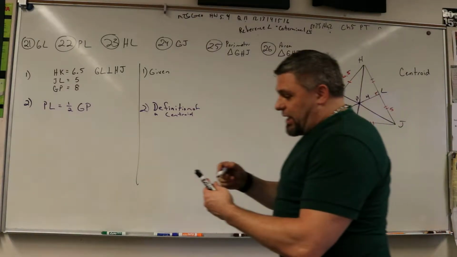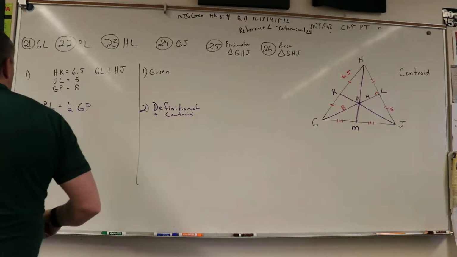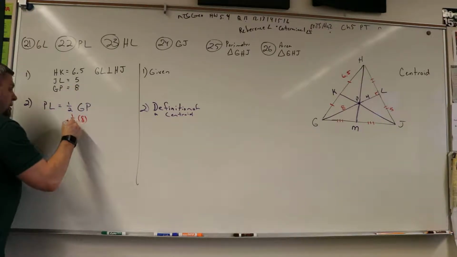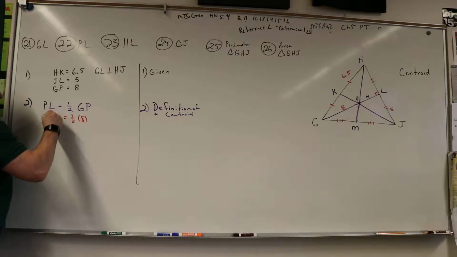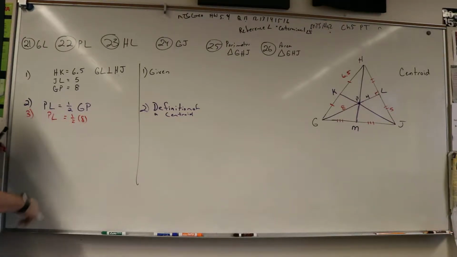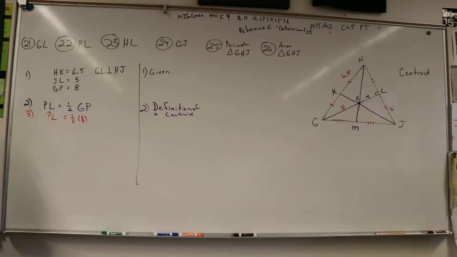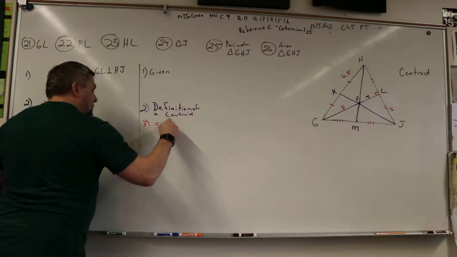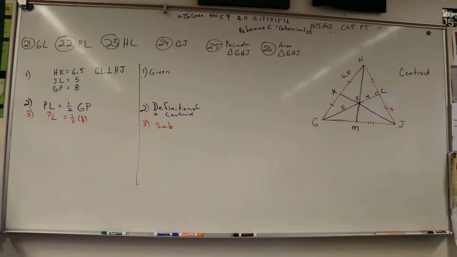So that's easy. So then we can just plug in, right? Can't we just say GP is 8? So PL is equal to 1/2 of 8. And what's that called when you plug something in? Substitution. Okay, and what's it called when you just do the math?